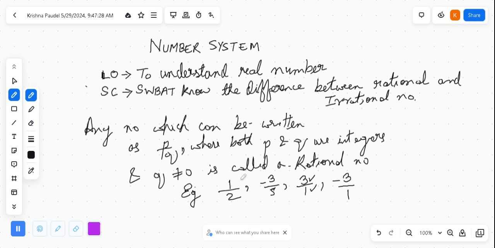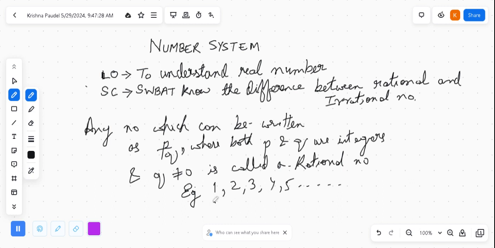So from here we can conclude that whatever we learned about natural numbers, all those numbers that come under natural numbers, ultimately can be called rational numbers, because all these numbers can be written as p by q.